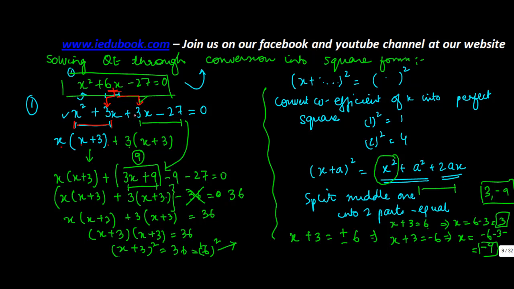Now the idea is to have the same variable coming here, because you have to convert this into a square, so you already have x here. So if you get plus 3 here, that should help. But if I take plus 3 as common between these two, what I get is x minus 9. And this x minus 9 is different from here, so this will not work.